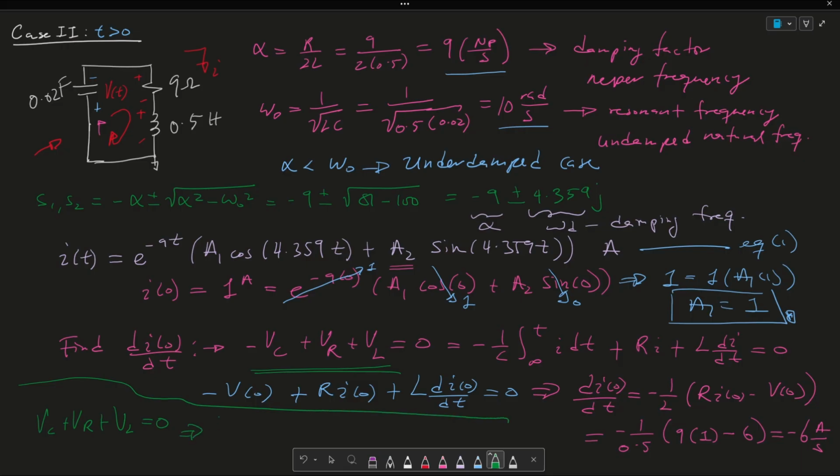And if you do the math on this, you get that di of 0 over dt is actually going to be minus 1 over L times R I0 plus V0, or the initial voltage across the capacitor. And the reason why I wanted to point this out is because this problem we're doing right now is a tricky problem, and that was the trick. So a lot of students might have ended up putting a plus here, which is not correct. You would get the wrong answer. And I hope that me sort of explaining this makes sense.